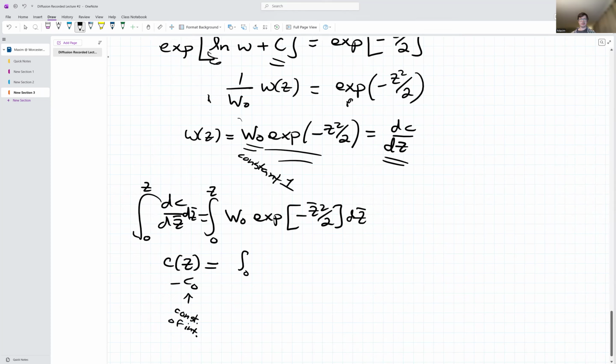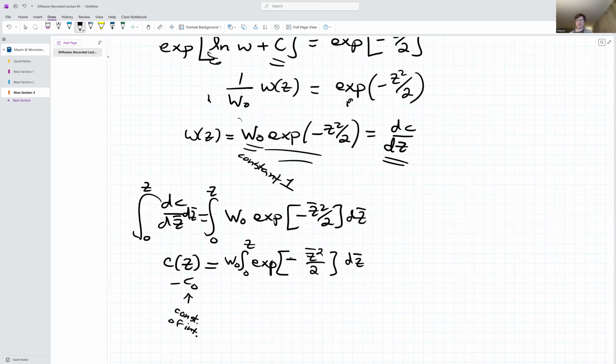That's equal to the integral from 0 to z of the exponential of minus z bar squared over 2, times dz bar.